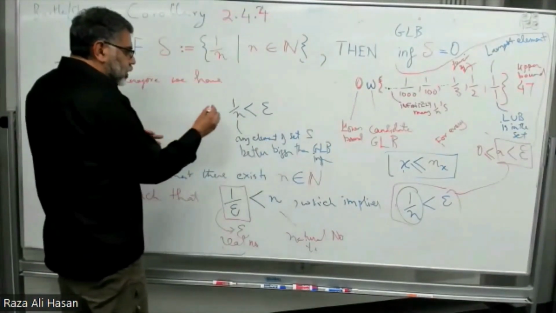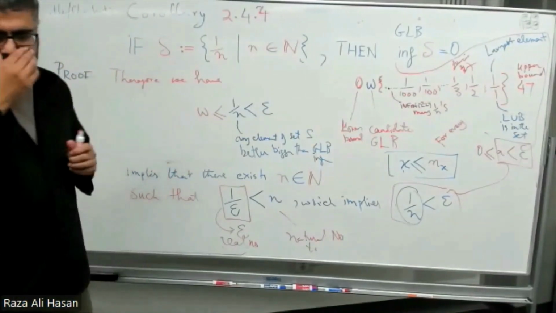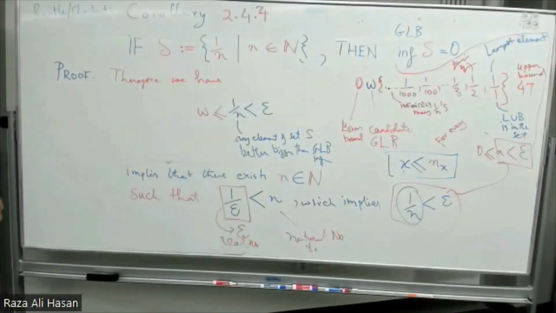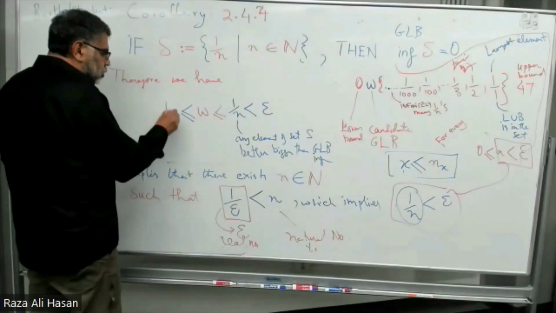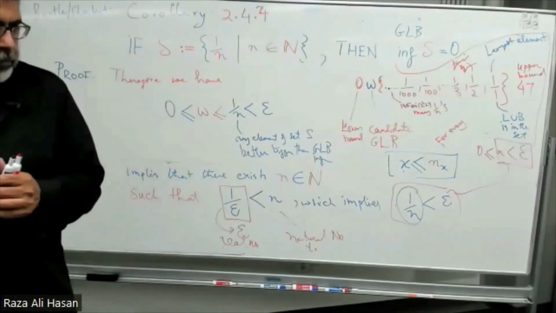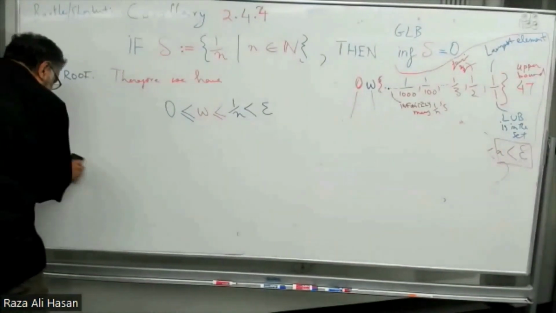That's the definition of that. So we get W here. And then we've already stated that W is greater than or equal to 0. We have this classic situation.